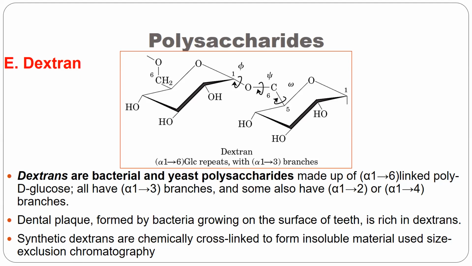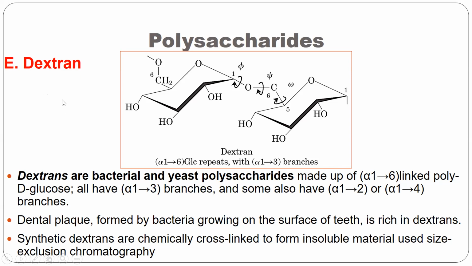Remember, their branching is on the alpha-1,6 glycosidic bond. Amylose, amylopectin, and glycogen form alpha-1,4 glycosidic bonds, and they branch only at alpha-1,6.